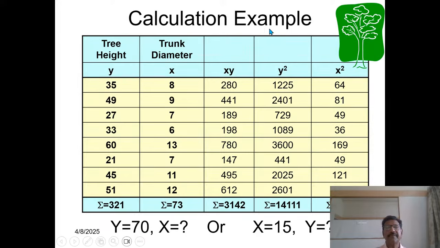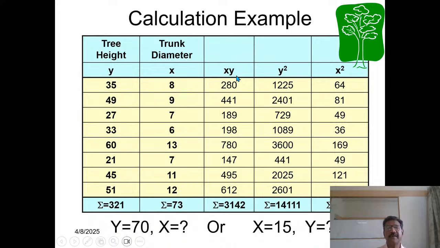Suppose we calculate this, whatever x and y values are given, these two columns, trunk diameter and tree height. Here 1, 2, 3, 4, 5, 6, 7, 8 samples are there, which means n equal to 8. Further, you have to extend the table.